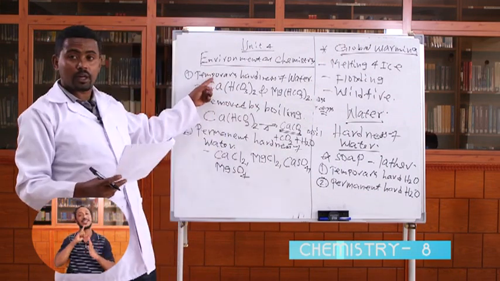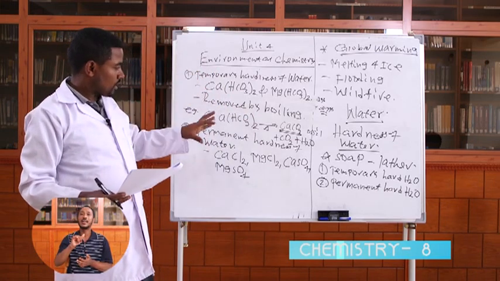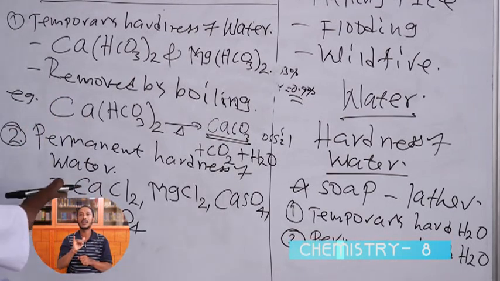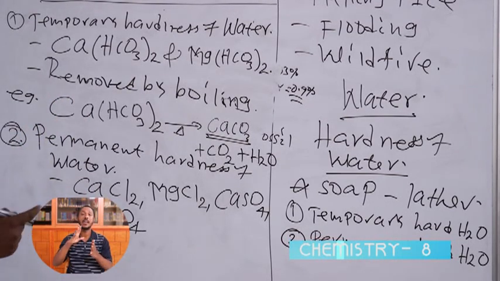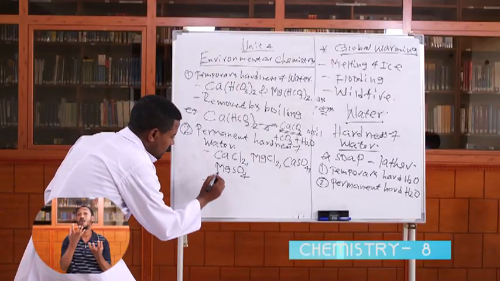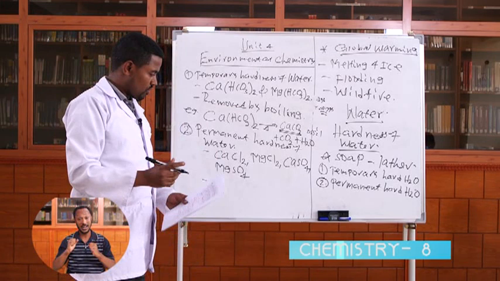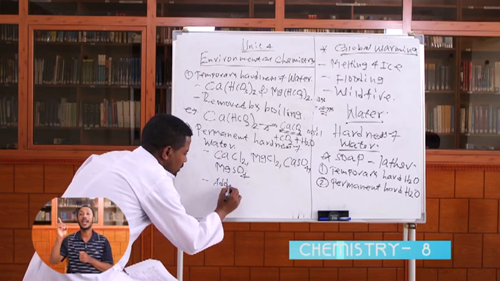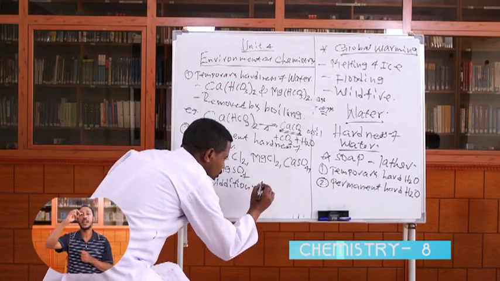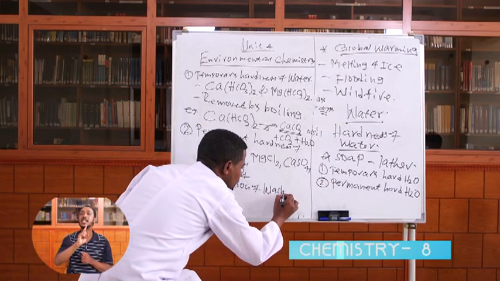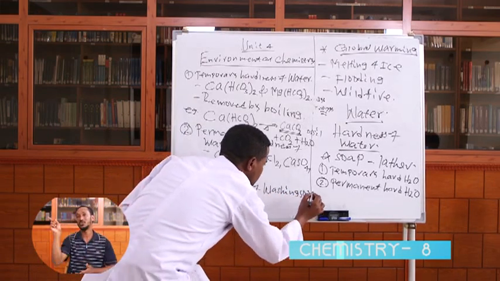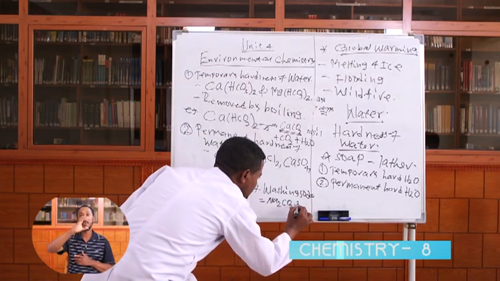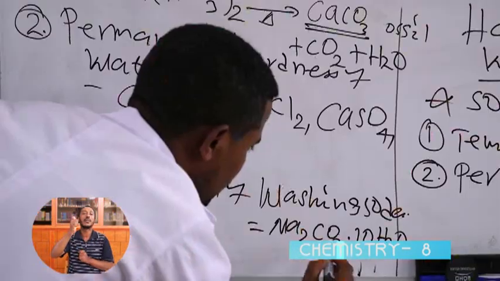Unlike temporary hard water, this permanent hardness of water is not removed by boiling. Rather, it is removed by the addition of washing soda, sodium carbonate with 10 molecules of water.